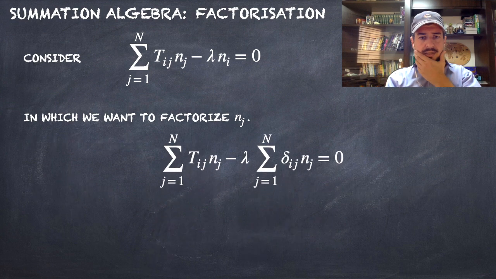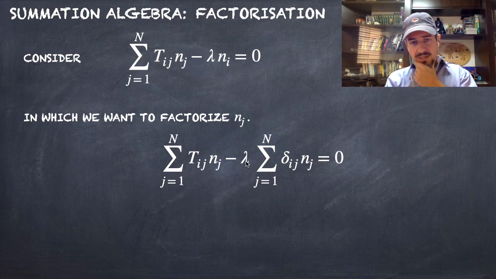Okay, let's take a look at this equation again. The constant lambda multiplying a sum is the same as a sum of each term multiplied by this constant. So I can write the lambda here.